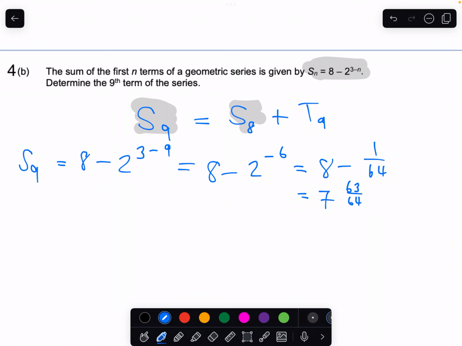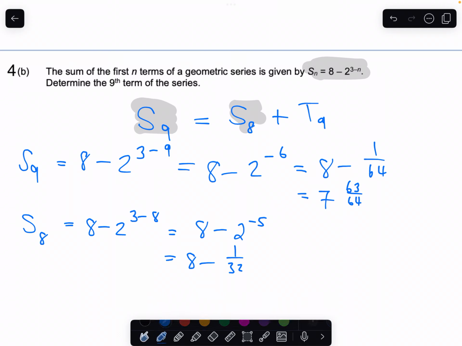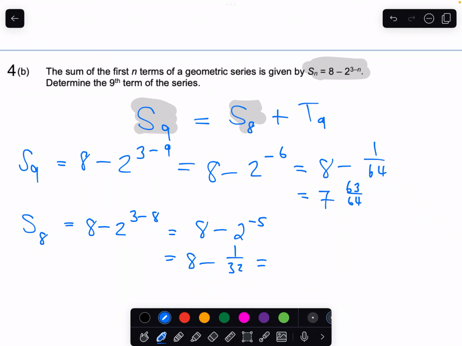And then S8 is equal to 8 minus 2 to the 3 minus 8, and that is 8 minus 2 to the minus 5, which is 8 minus 1 over 32. And then that will be 7 and 31 over 32.